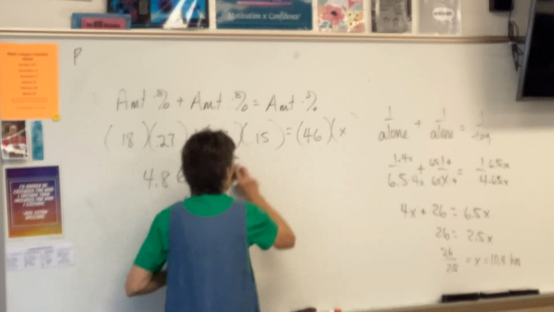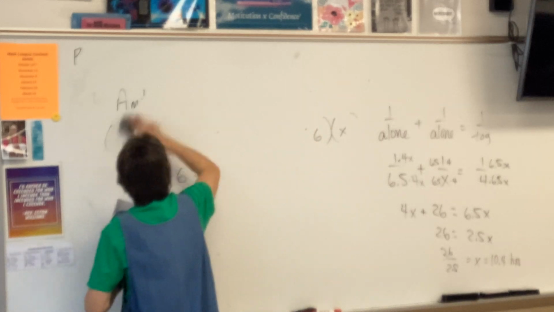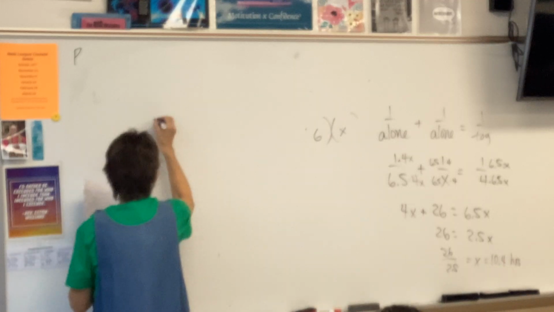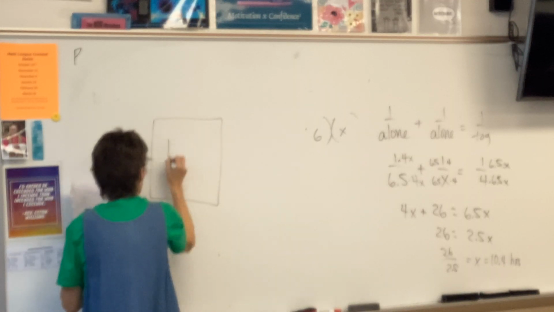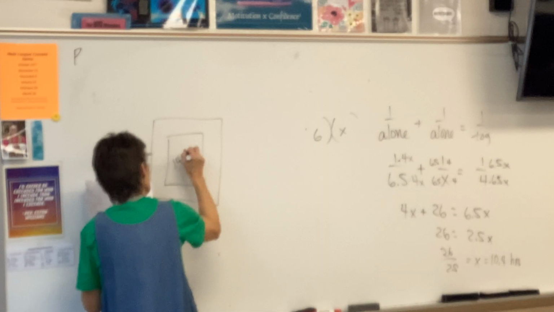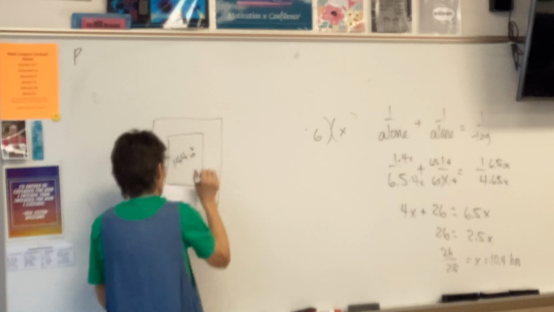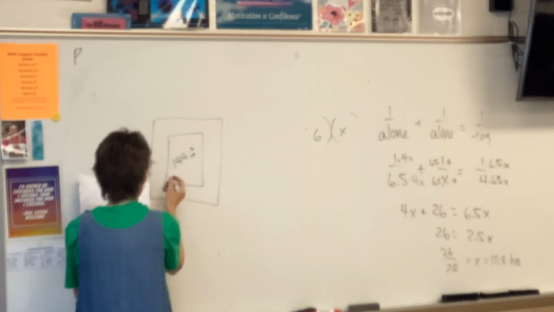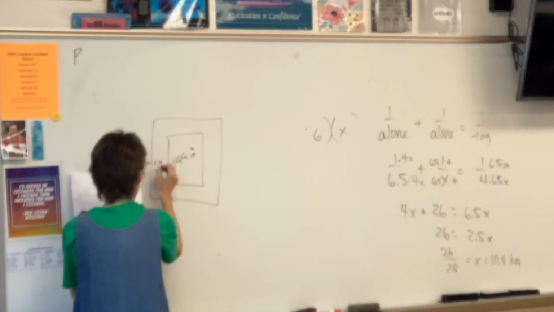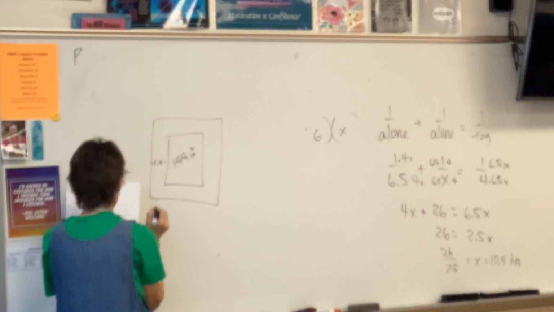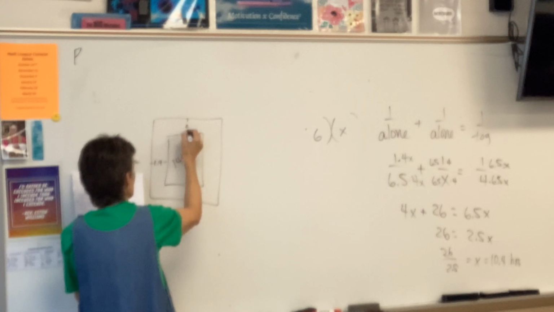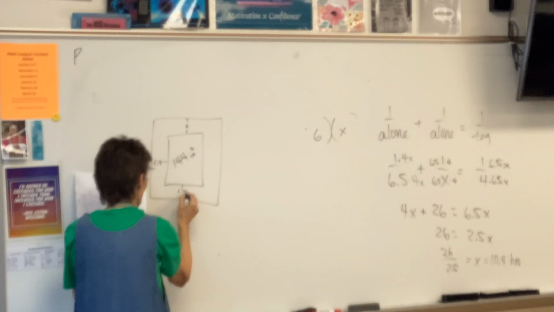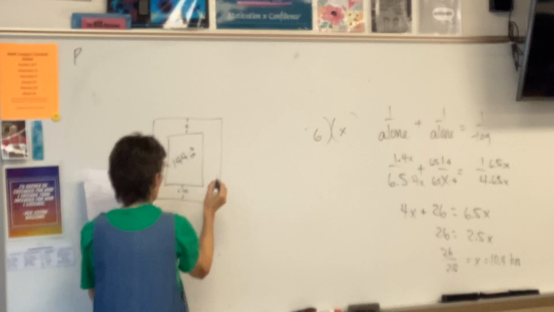So I'm gonna start drawing a picture of this: 144 square inches of print material, surrounded by a border of 1.4 on the left, 2 on the top, and 1.75 on the bottom and the right.